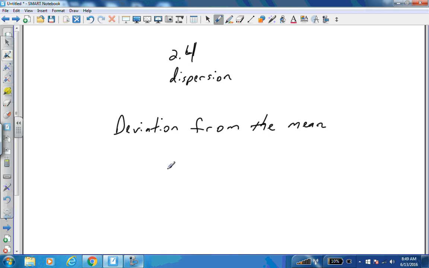So if we have two numbers, let's say we have a set of data that has a mean of 6. If we have a data value of 8, 8 is 2 units from the mean.